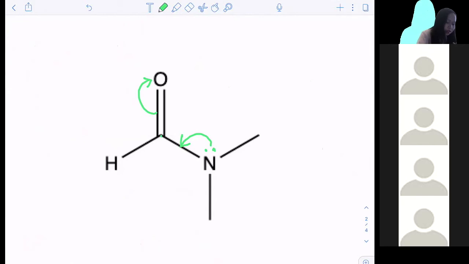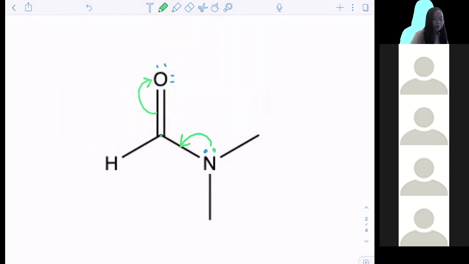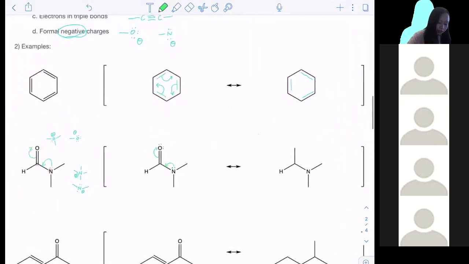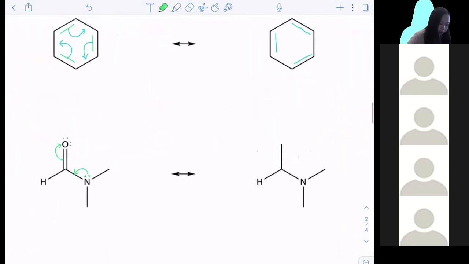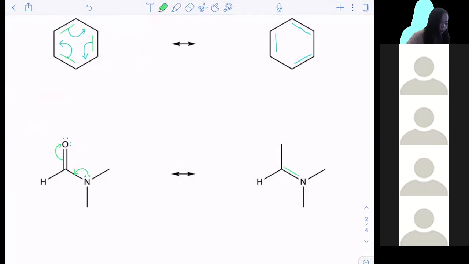So originally oxygen has 1, 2, 3, 4. Originally nitrogen has that, right? So the green one, I'm leaving this one green because that's actually the only electrons that move. So I'm going to leave this page like this, okay? So first, I'm going to form a new bond between nitrogen and carbon.